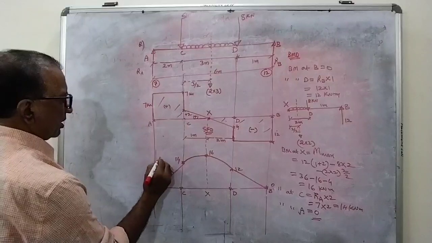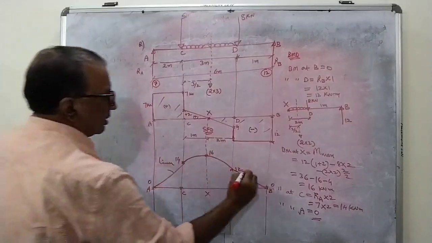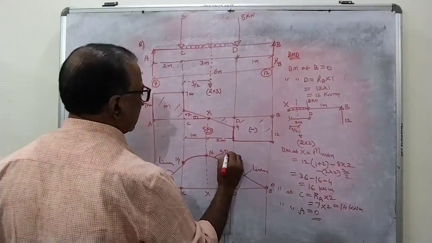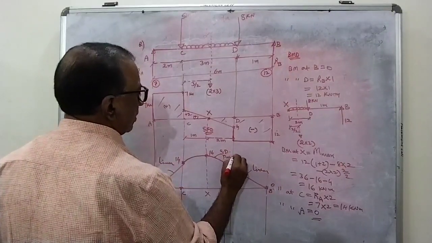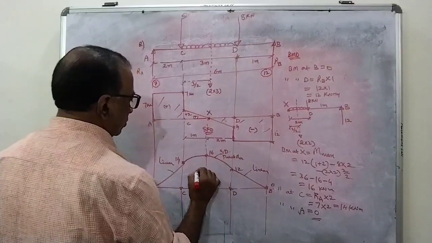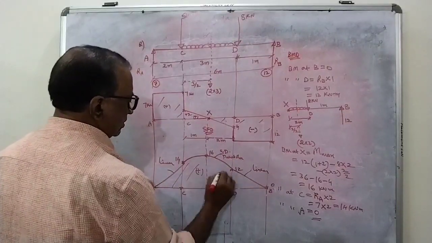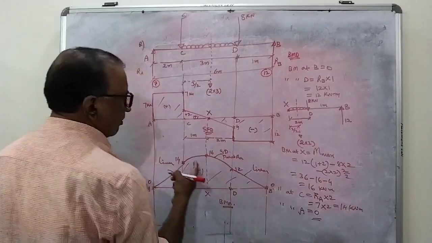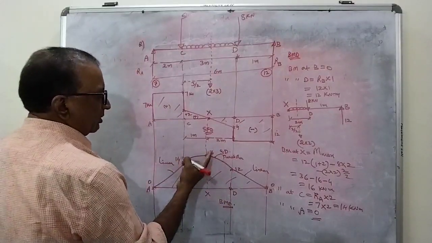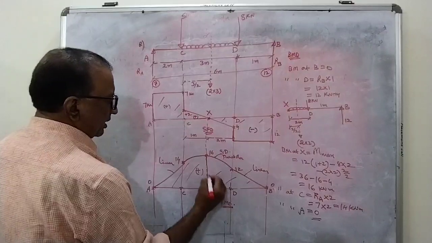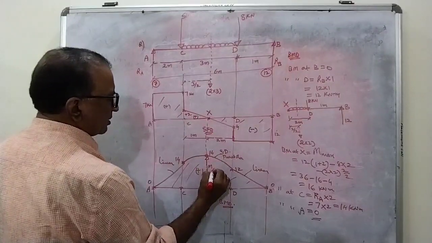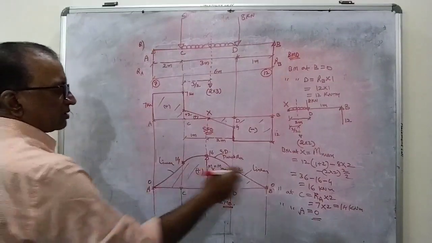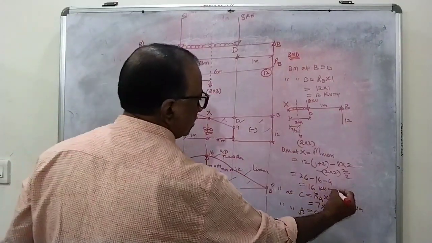So this is linear, this is also linear, and this is a second degree parabola. This is what your bending moment diagram is saying, with the maximum value at X, Mx is equal to Mmax. So your maximum bending moment is 16 kilonewton meter.